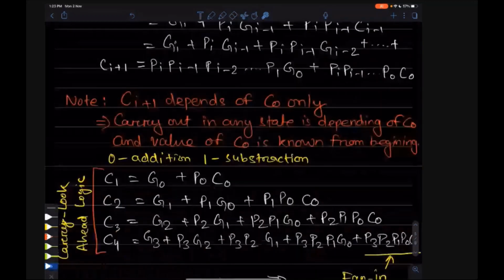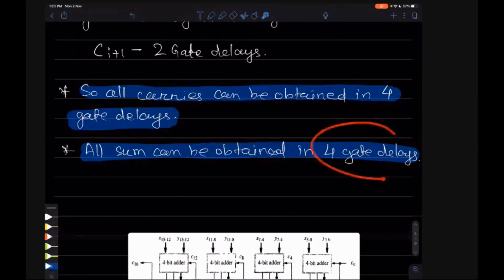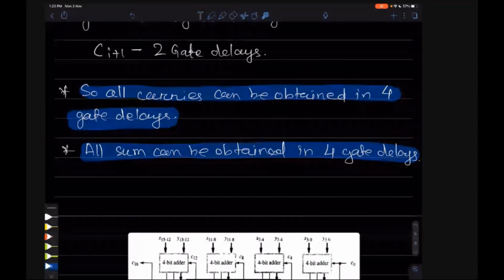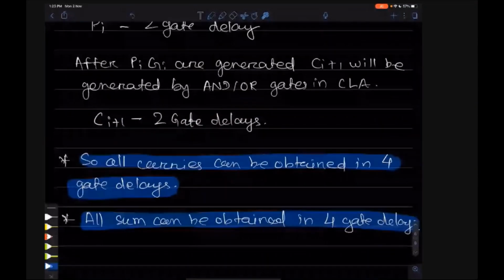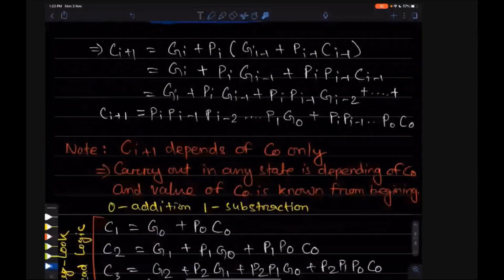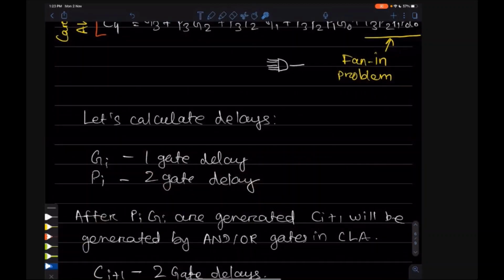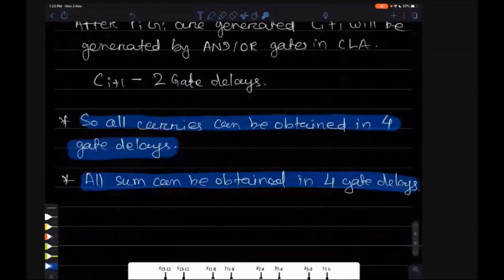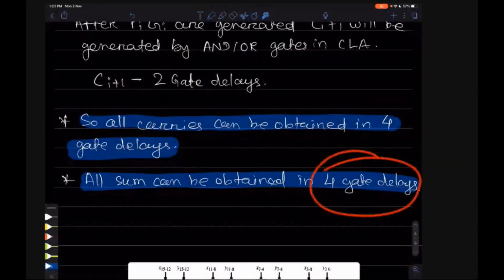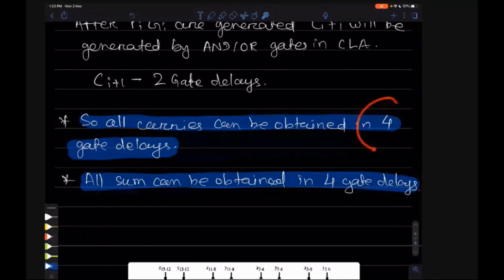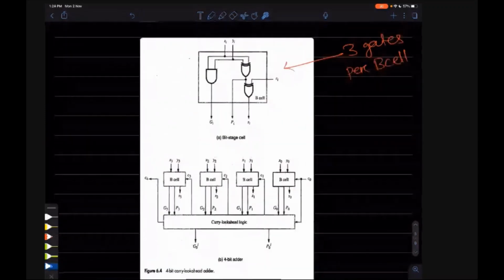So all sums will also take 4 gate delays. Understood? Because XOR is taking 2 gate delays, so all sums will be available at 4 gate delays. So the total number of gate delays in this circuit is 4. If you have any doubt till now, you can ask.